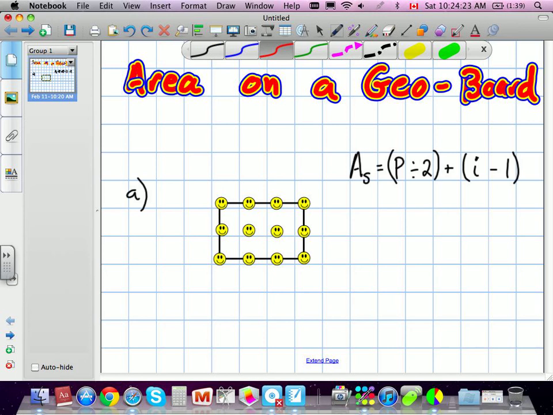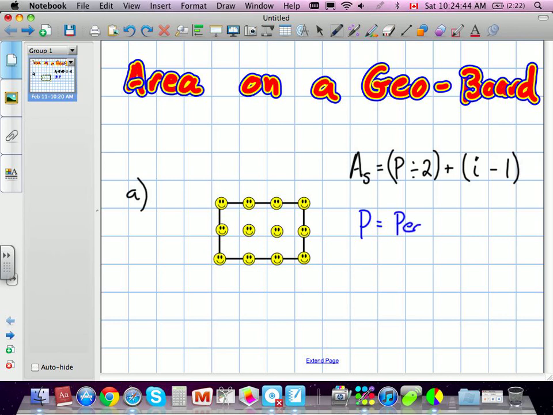P stands for the points at the corners. That stands for the corner points. What do they call it specifically? Perimeter pegs. These are the perimeter pegs. Count the number of pegs that the elastic band touches.